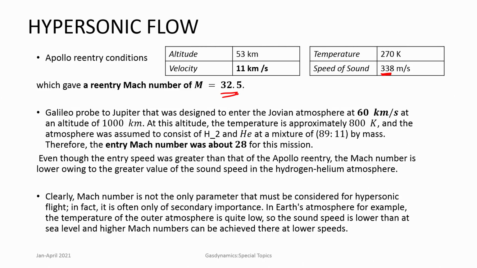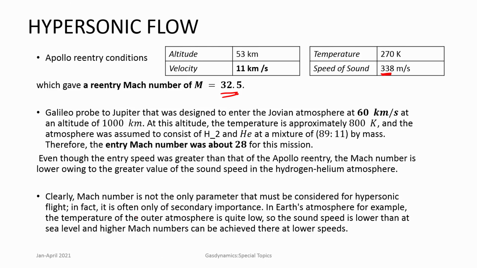The Mach numbers of this nature are often encountered during re-entry, but we also have to ask proper questions whether we can actually define what a proper Mach number is at these particular conditions, because there are many things that happen in a hypersonic flow.